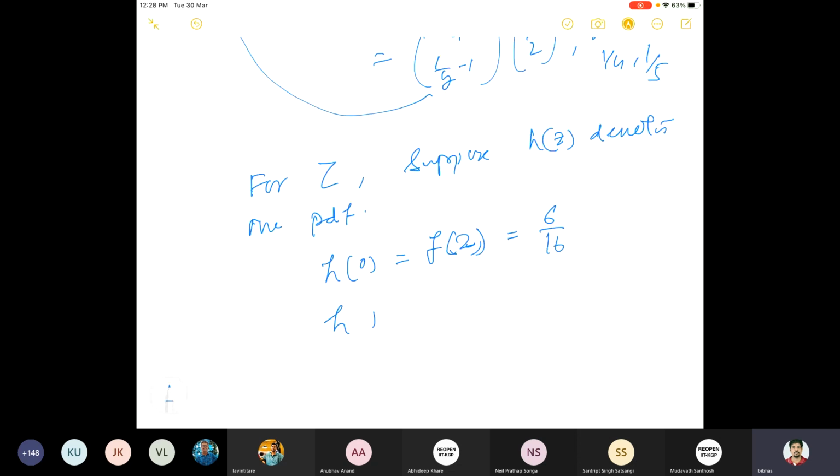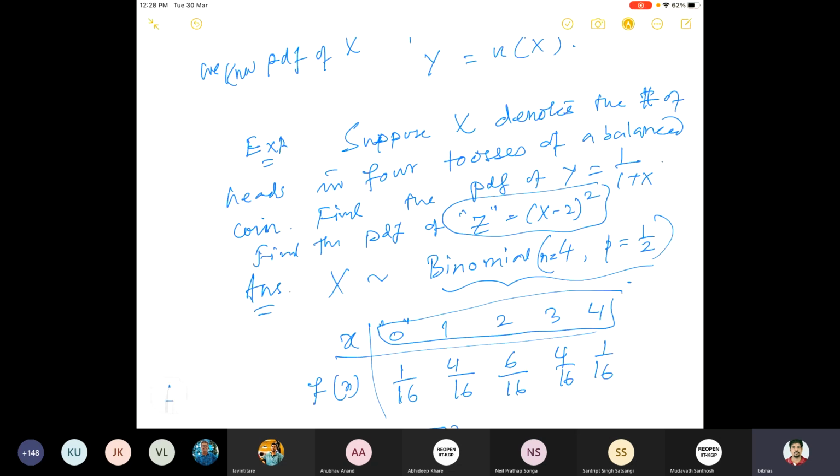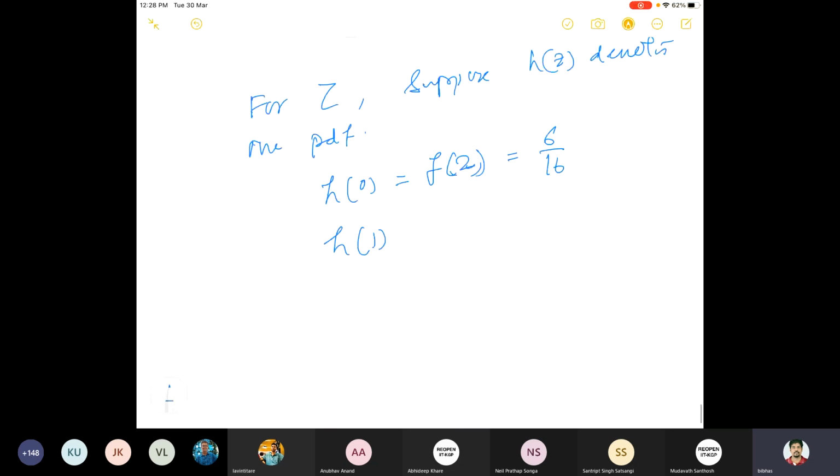Now suppose h(1). For what values of x can we have this? This can be 1 if you take x equal to 1, since (1 minus 2) squared is 1. And if you take x equal to 3, then also it is equal to 1. So h(1) will be nothing but f(1) plus f(3), which is 4/16 plus 4/16, which is 8/16. Similarly, h(4).